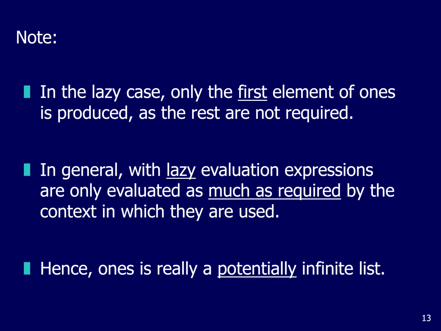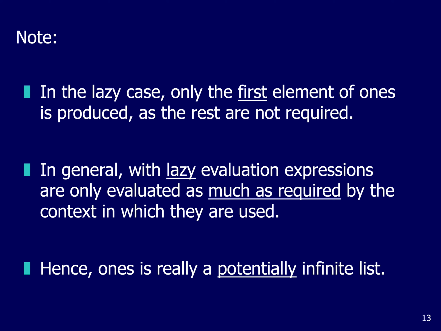As usual, we've got a number of points to note here. The first one is that in the lazy or outermost case, only the first element of the list ones is actually produced, as the rest of the list is not actually required. This is where we get the name lazy evaluation from. In general, with lazy evaluation, expressions are only evaluated as much as required by the context in which they are used.